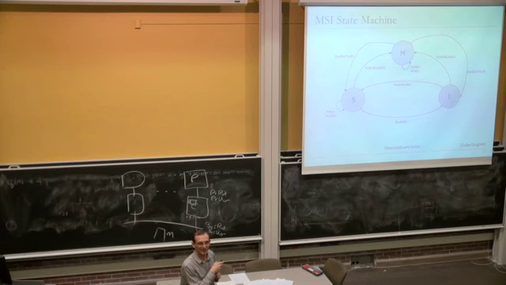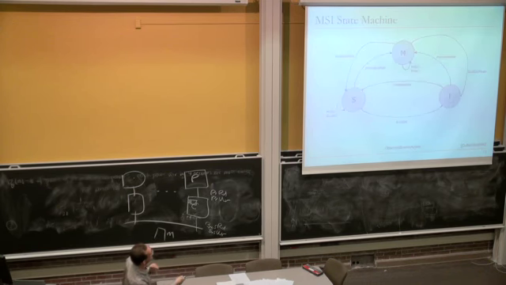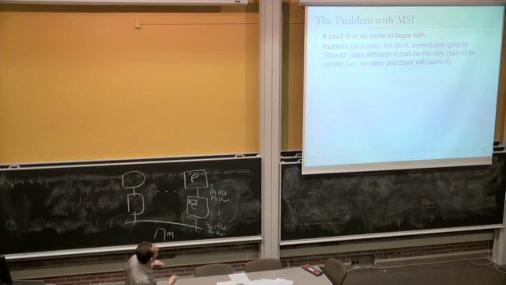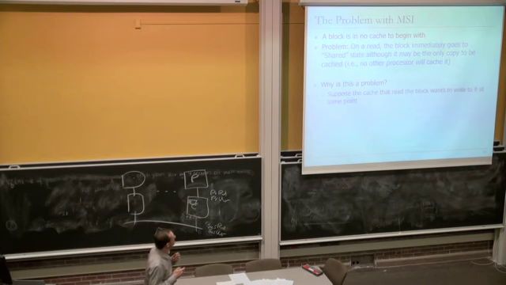But that may not be good. So the problem is, let me restate it. To begin with, there's no block in any cache. When I read, the block immediately goes to the shared state, although it may be the only copy that is cached. No other processor may actually ever cache that block. Why is this a problem? Because suppose the cache that read the block wants to write to it at some point.